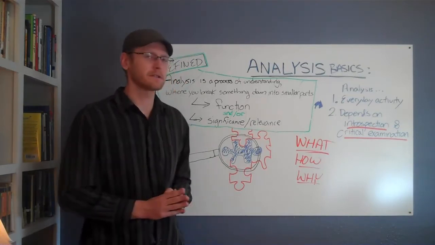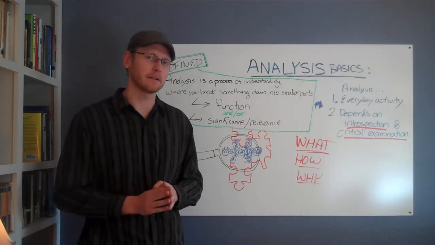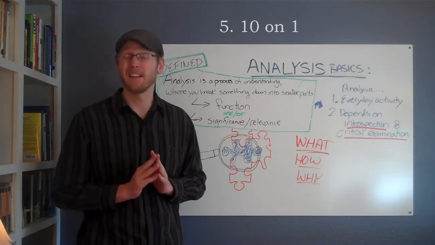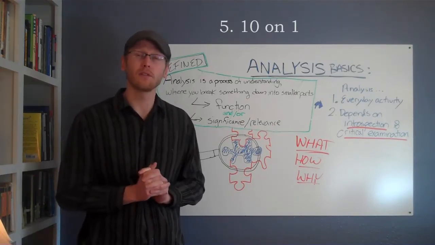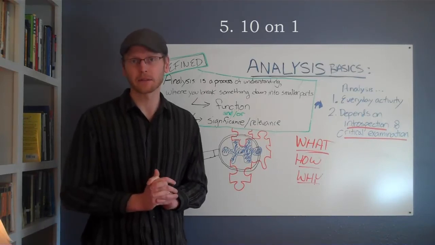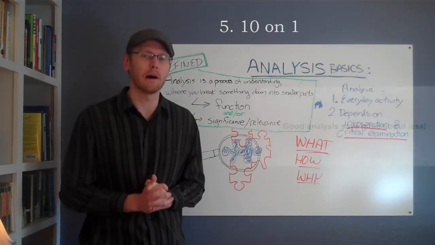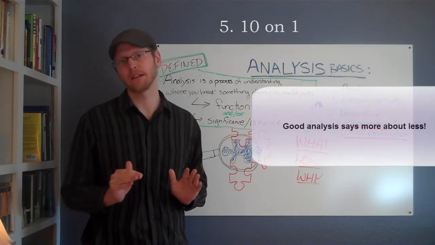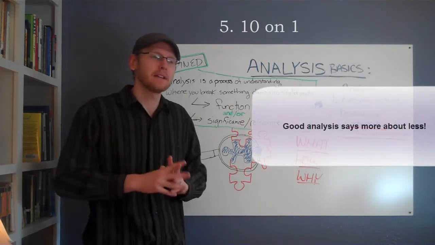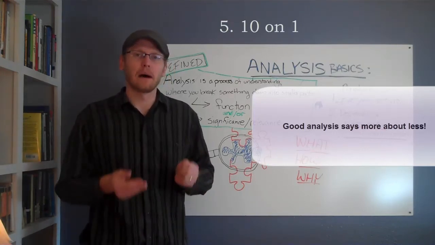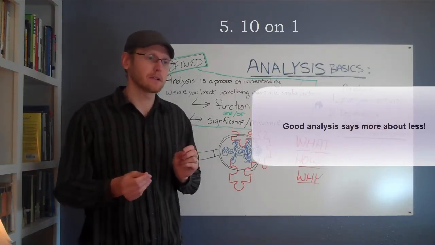And the last thing that I'll say is number 5 on our list is called 10 on 1. And basically this is a really good rule of thumb to think about when you're analyzing. Say more about less. Doesn't necessarily mean you need to say 10 things about everything you notice, but try to say as much as possible about things that you notice.